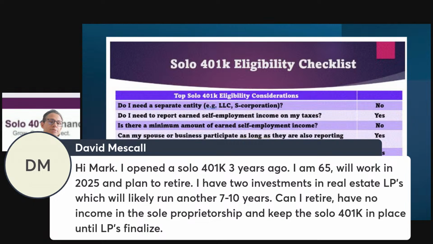Well, with the solo 401k plan, especially if we're talking about a sole proprietorship, if you're no longer doing self-employment activity, then how can you have a business sponsoring a solo 401k plan? So in short, it's a little murky. From a conservative perspective, it would be best to close the plan down once you permanently cease self-employment activity.